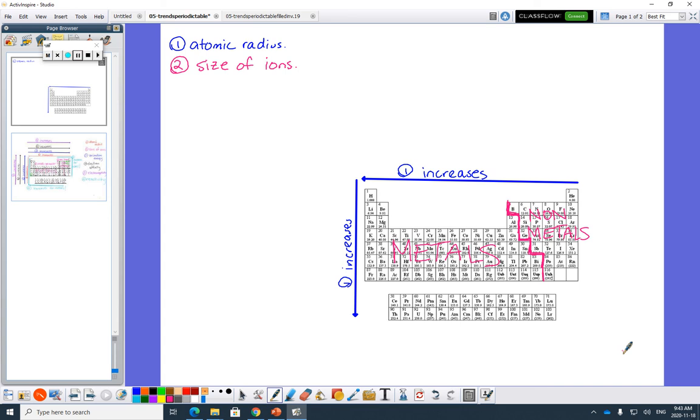To be honest, the staircase is also one of those things where, depending on the version of the periodic table you look at, sometimes it's in a different spot, so be generous. Okay, so now when we do size of ions, because metals lose electrons, they're going to get smaller.